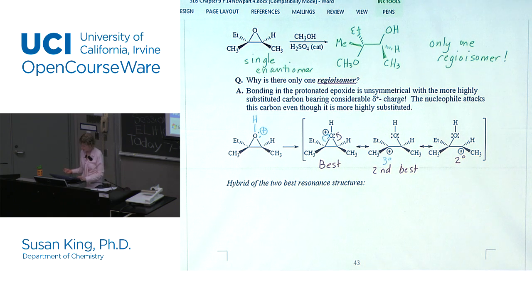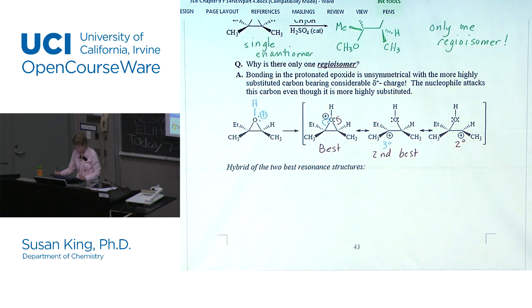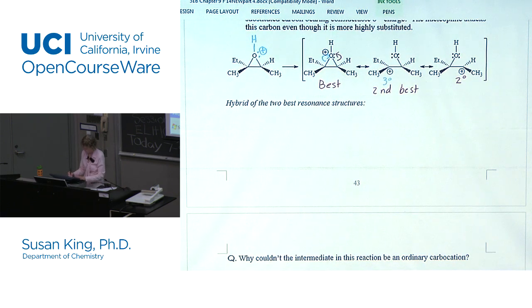And if we look at the hybrid, what I'm going to do is draw a hybrid of just the first two resonance structures. I'm going to leave out the second one. I'm going to do just a hybrid of the first two, and then you can kind of see where this is coming from. So here's my hybrid here. So I'm dotting this bond here.